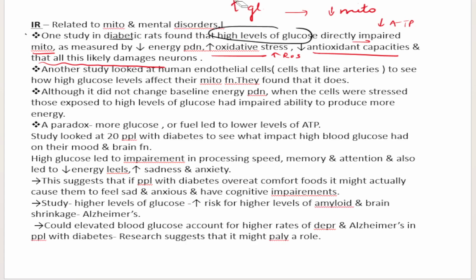So increased levels of glucose impaired mitochondrial function. This was proved by one study.